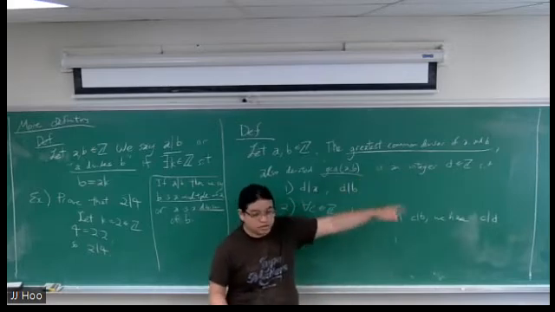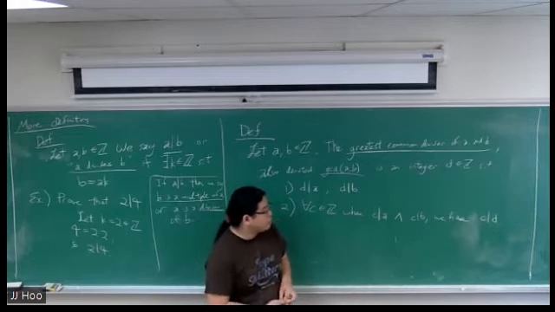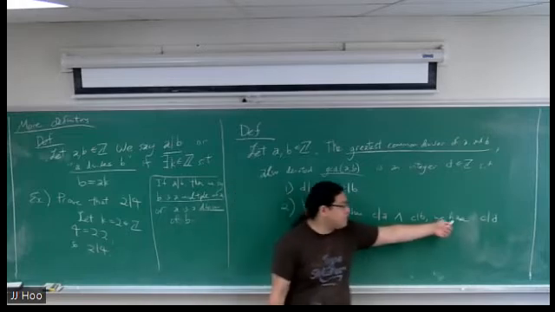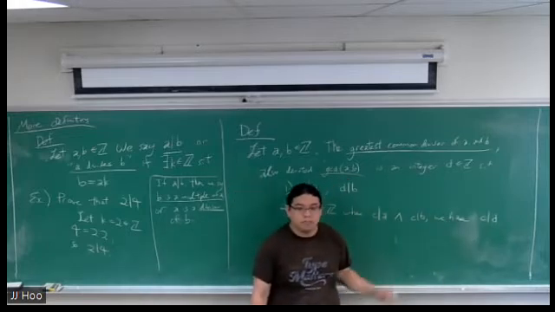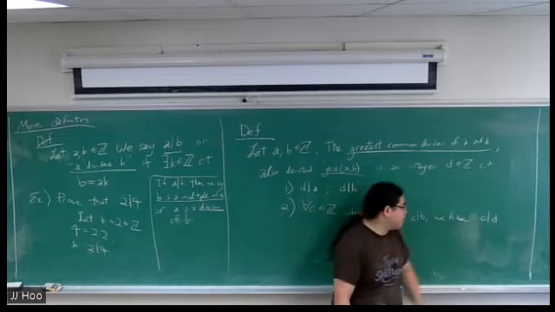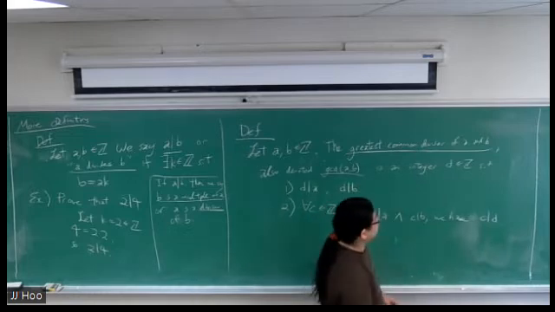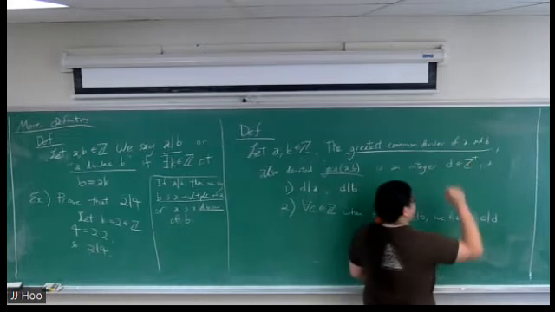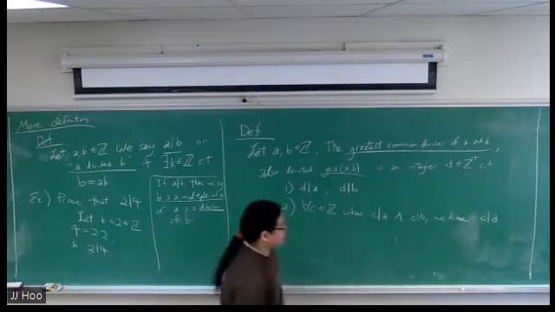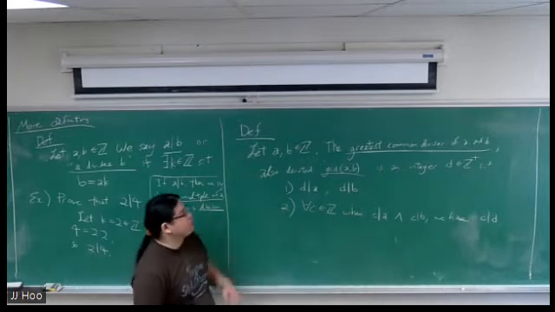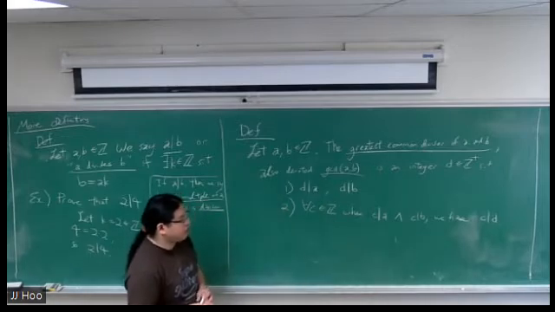So I could say that for every C, C is less than or equal to D, but I instead want to do it like this. Maybe if I want to be specific, I can say that these are integers, but that's kind of a nitpick. But this is a formal definition of a greatest common divisor.